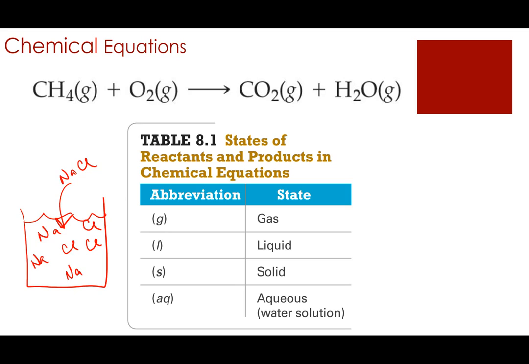Instead of writing this end product down here as NaCl plus H2O, because that's technically what's in the beaker, what we write is that NaCl is in aqueous form. So we say that NaCl is dissolved in the water. So just a little bit of a shorthand to let us know that whatever compound we have is dissolved in water. So that's what aqueous stands for. And you'll see that a lot next chapter.